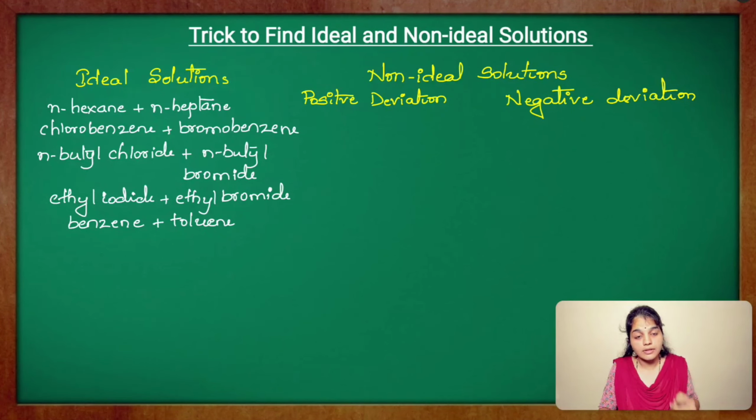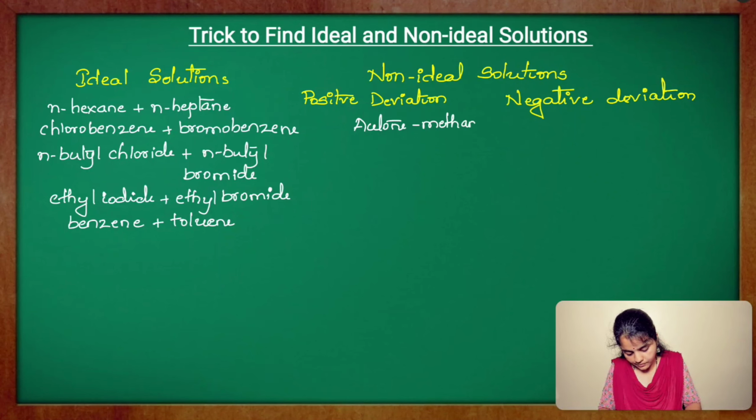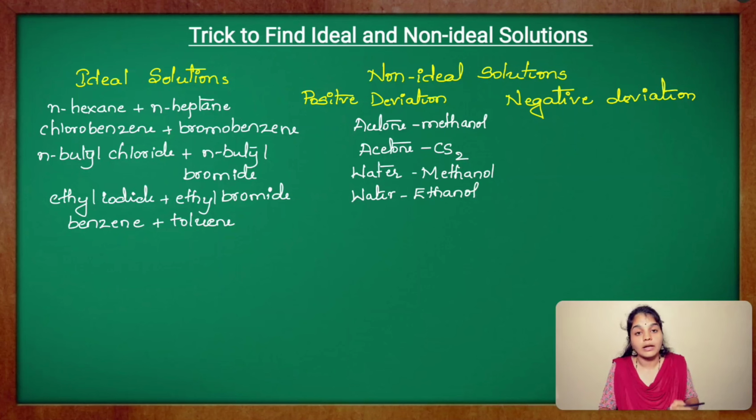A few non-ideal solutions showing positive deviations are acetone and methanol, acetone and carbon disulfide, water and methanol, water and ethanol, carbon tetrachloride and methanol, cyclohexane and ethanol.